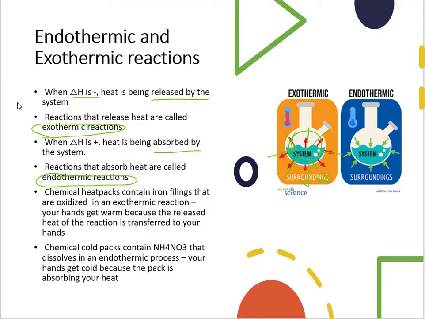That is our exothermic. When the surroundings are giving heat to the system, so the system is absorbing the heat, that's our endothermic. Chemical heat packs are an example of an exothermic reaction, and a cold pack that contains ammonium nitrate is an endothermic reaction.